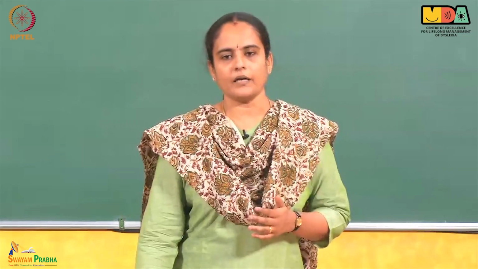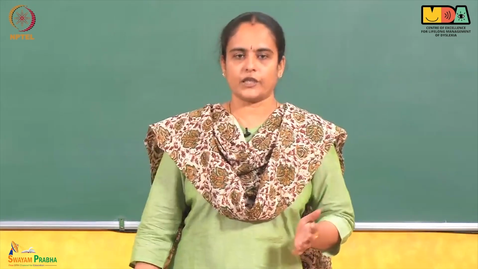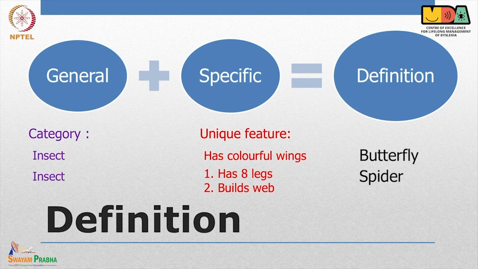The second part is much more specific to the butterfly, which says it has colorful wings. This is the part that makes butterfly different from all the other insects that belong to this category. So, we call this the specific part. So, a definition is generally made up of a general part and a specific part.